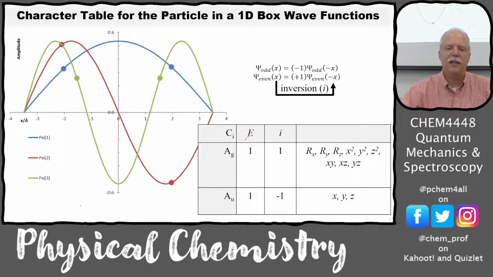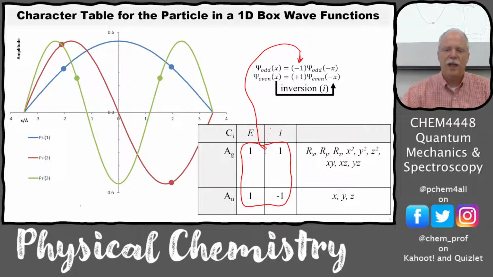Everything has the identity operation, and these characters in front of our wave functions after we operate on them are these things right here. These characters right here. And so some wave functions are going to be on the top row, fully symmetric. Last time we were calling those even. And other wave functions are going to be on this other row, and that's called odd. Okay.